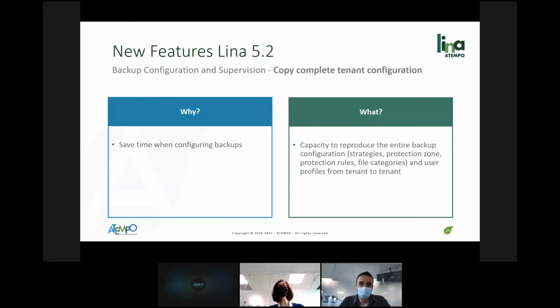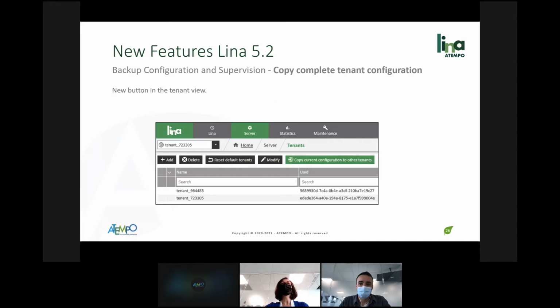So you're going to copy the strategies, the protection zone and protection rules, the file categories, and also the user profile in one single shot from tenant to tenant. What we did is add a button in the tenant view that very explicitly says copy current configuration to other tenants.